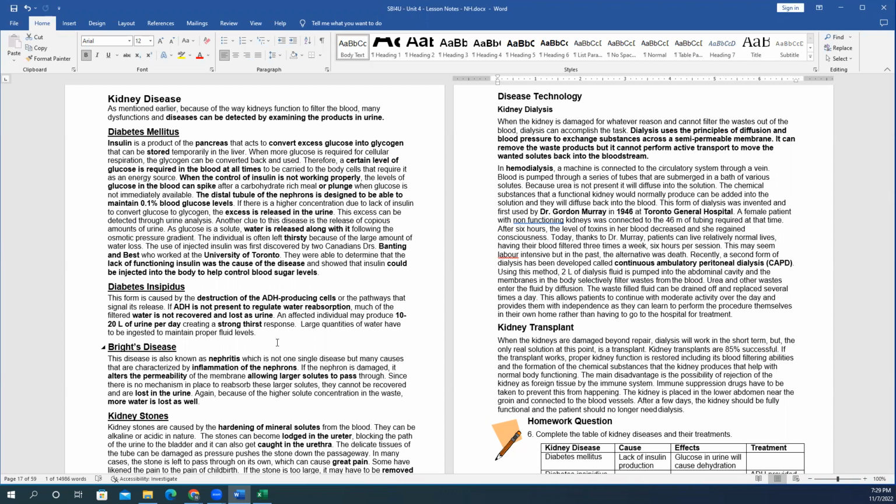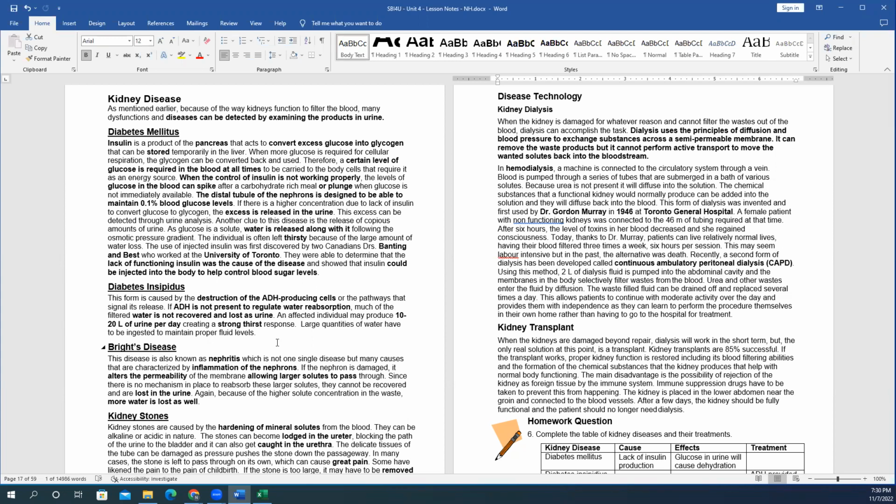And if you don't have ADH present, and ADH's job is to regulate water reabsorption, a lot of that filtered water that is typically recovered is not recovered back into the bloodstream and gets lost in the urine. Quite a lot of water is not reabsorbed through the absence of this ADH.